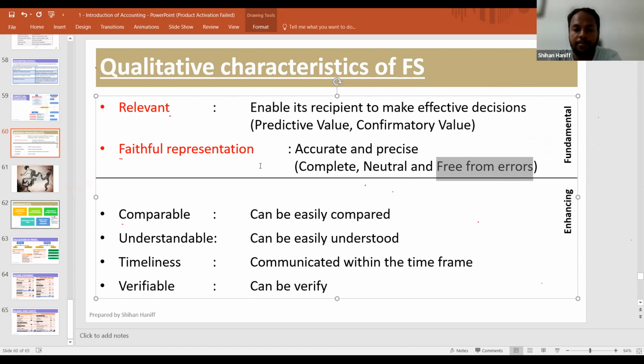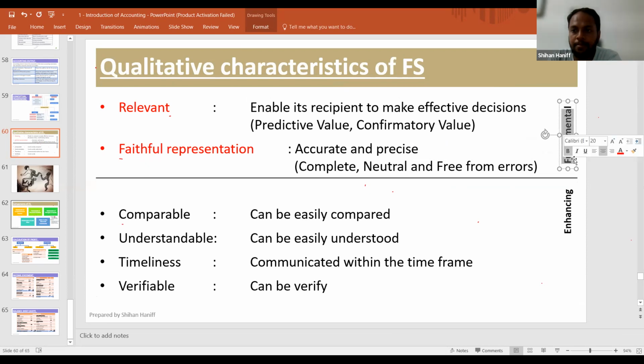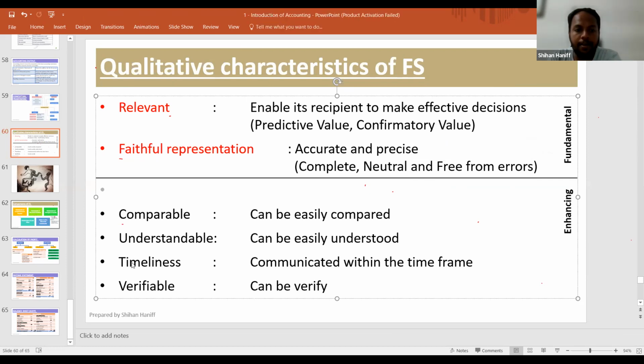Qualitative characteristics. So these 2 are called fundamental characteristics. Then the enhancing characteristics.